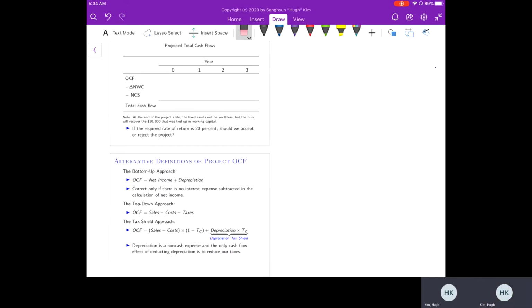So there are alternative definitions of project OCF. Our definition of OCF starts from EBIT, earnings before interest and taxes, and adds back depreciation and subtracts taxes. But there are other ways to compute OCF.